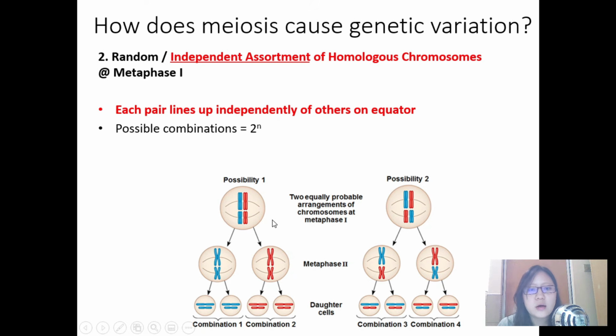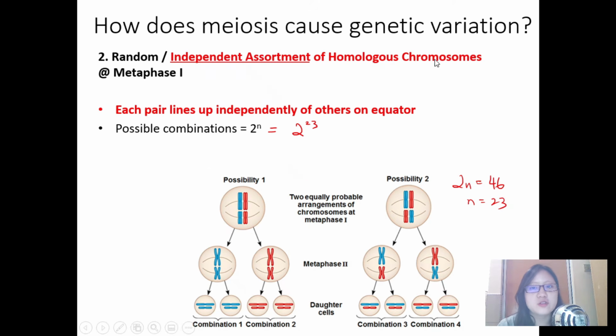Now, this cell only has 4 chromosomes, and there are 2 possibilities of how it could look. But imagine if you have 46 chromosomes. Then your n would be 23, so the possible number of combinations would be 2 to the power of 23. There are a lot of different combinations that we could end up with.